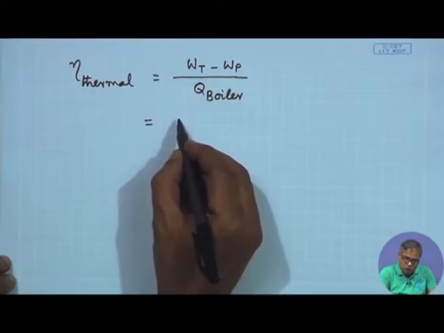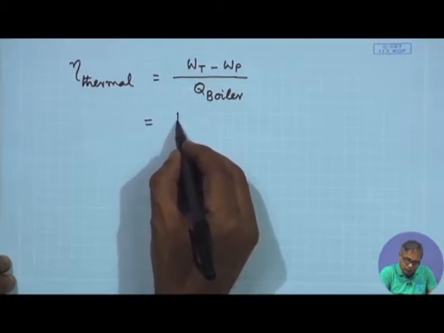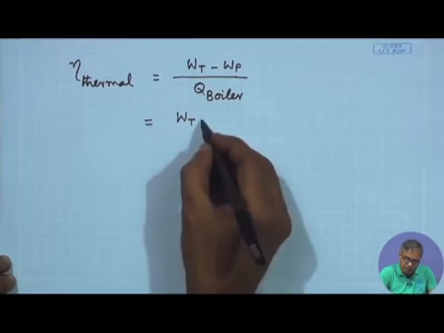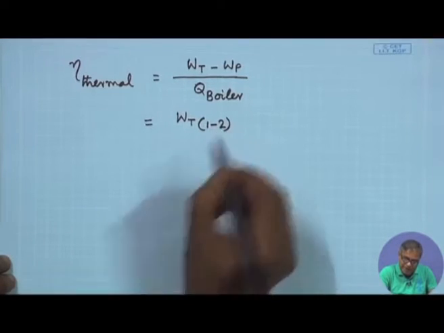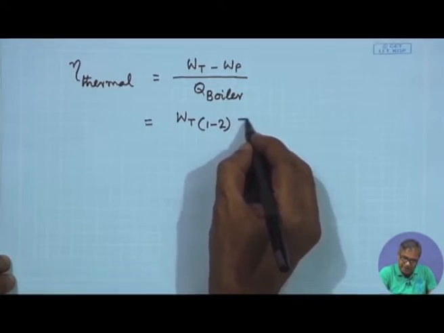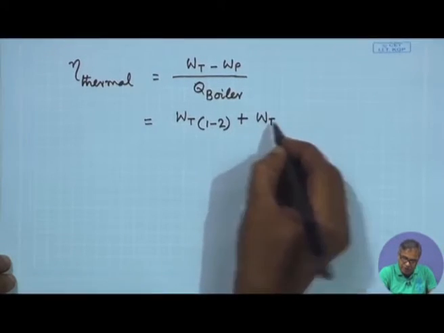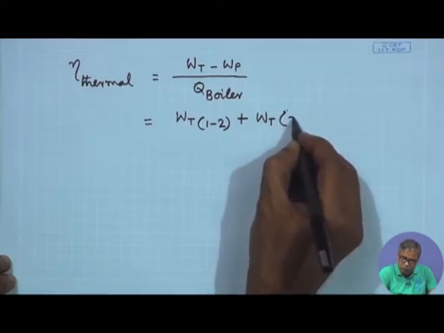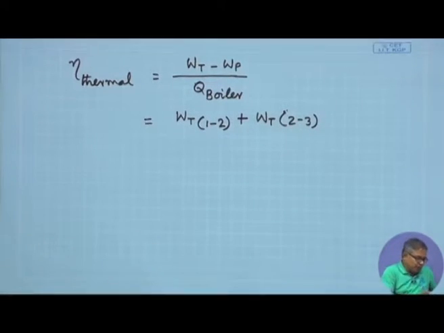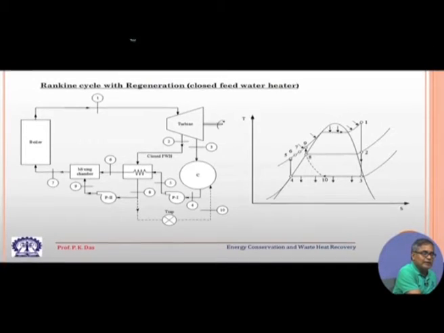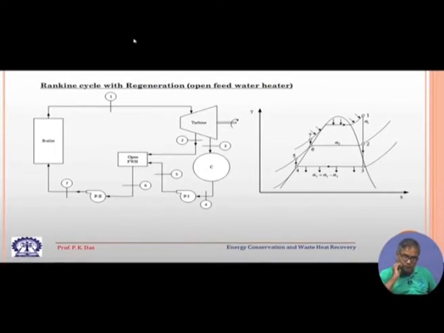W T from 1 to 2, where the entire amount of steam has expanded, plus W T from 2 to 3. If we see the cycle diagram, this will be clear again that we have two work done terms. m dot 1 amount of mass is expanding from 1 to 2, so there will be this enthalpy difference multiplied by m dot 1.